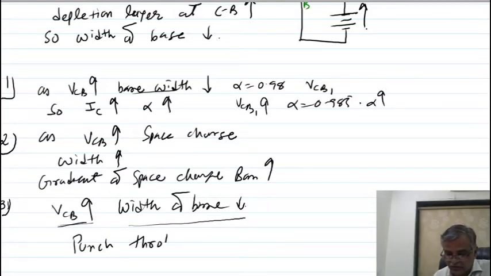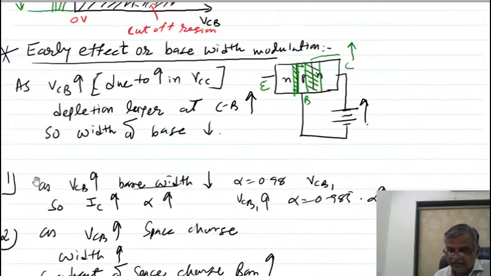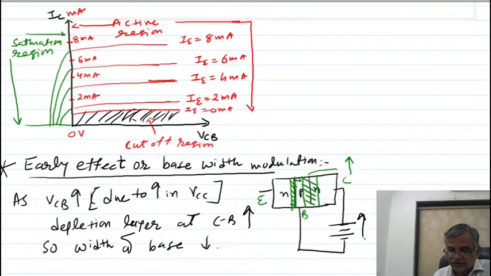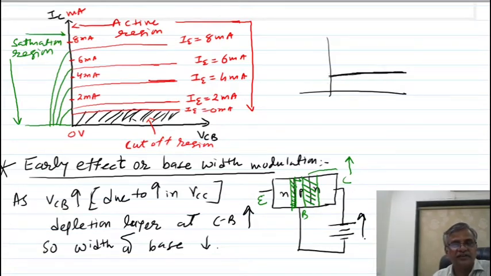As a result, you are not getting a straight graph like this; you are getting some increase in the current. So I can say that the output resistance is not 0. It is some resistance.